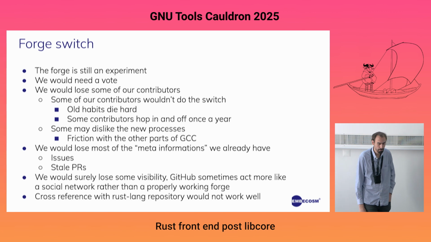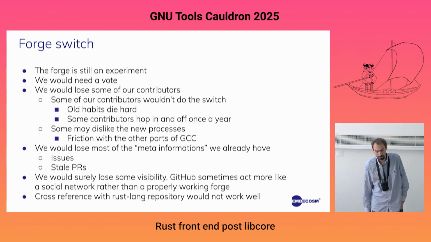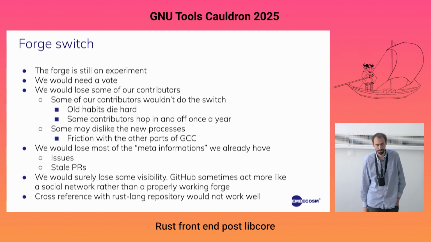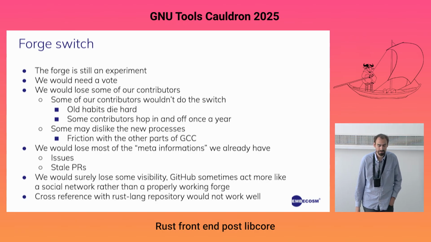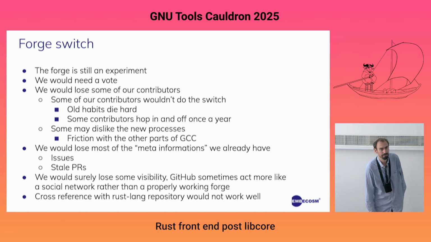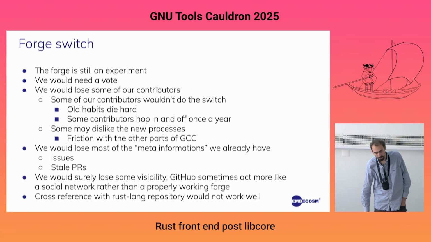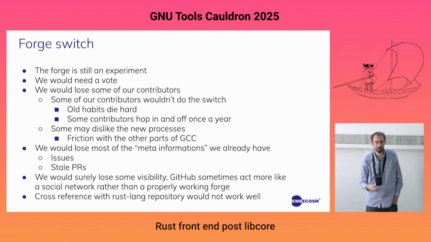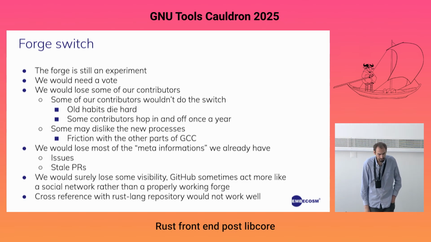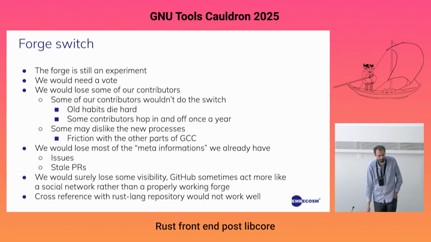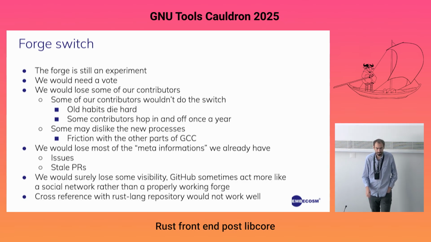Another problem, we would lose most of our meta information. We decided a few years ago that we would use GitHub issues, and we decided to use GitHub PRs, and by changing to the Forge, we would surely have to find a way to transfer all those to the new system. Another point that has been made is that we would surely lose some visibility.